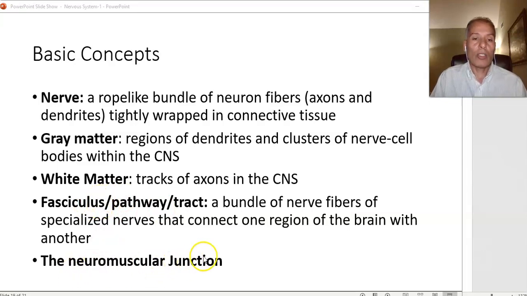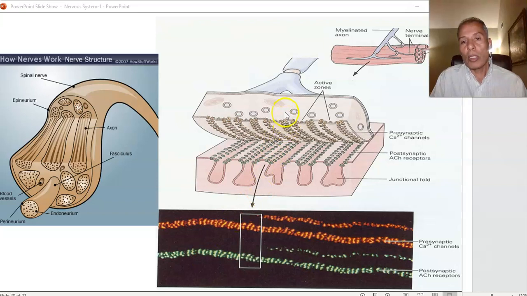And neuromuscular junction is the point where the synaptic terminals of neurons contact muscle fibers, and they form special channels where the synaptic terminals of neurons release neurotransmitters to cause muscle fibers to move, and muscle fibers have that ability to move in response to electrical stimulation.